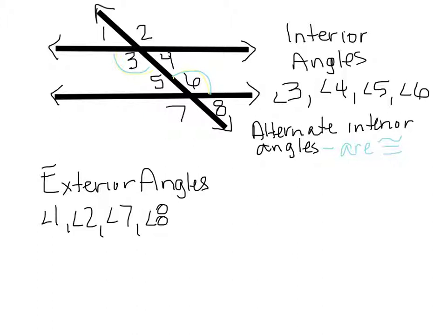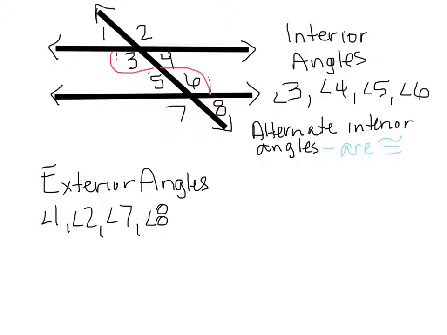Starts with an M. Measure. Alternate interior angles are congruent, and congruent means they have the same measure. So if I had drawn this a little better, your alternate interior angles actually kind of make an S shape.